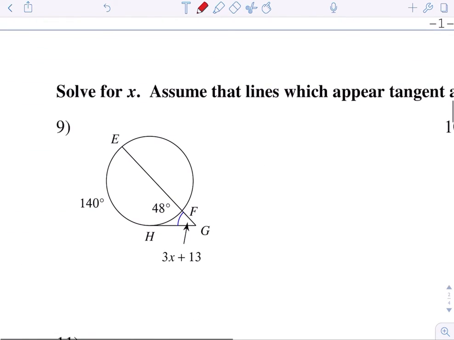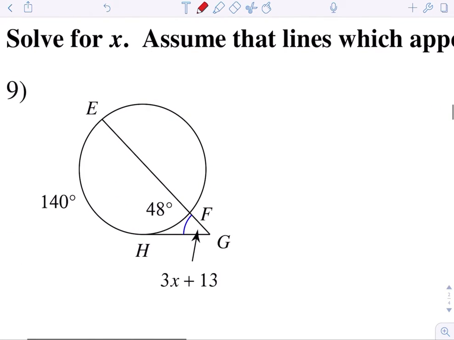Moving on. All right, so 1/2 the major minus the minor is equal to the angle, which is angle HGE.